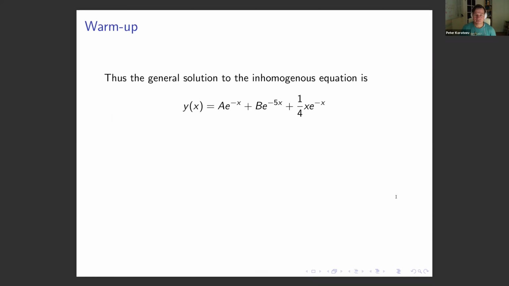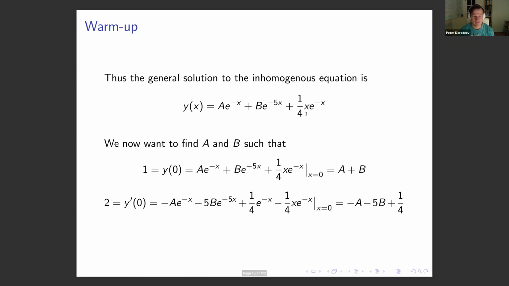and the general solution of the inhomogeneous equation is equal to the general solution of the homogeneous equation plus a particular solution of the inhomogeneous equation. And now I'm going to find a and b such that y of 0 is equal to 1.